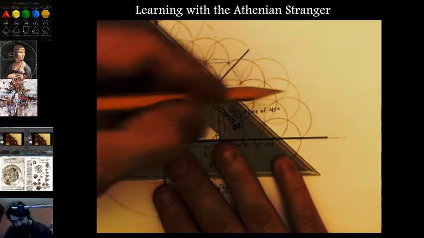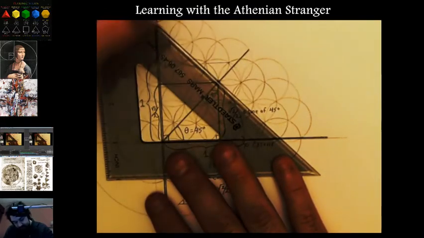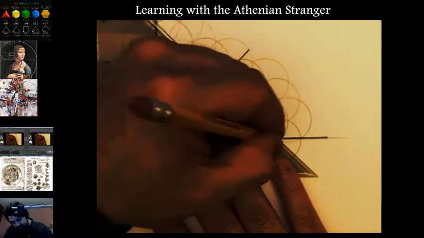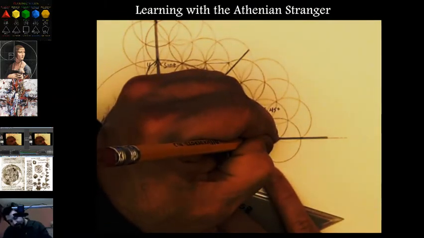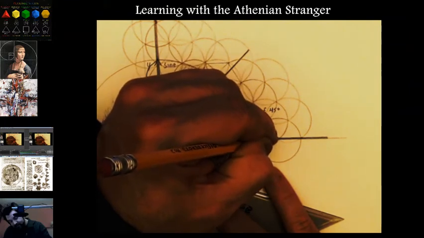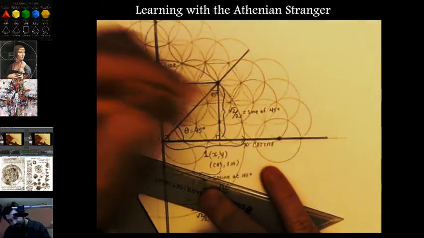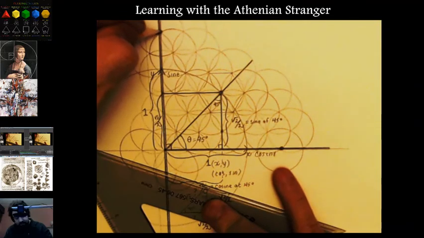And then similarly down here, and we're showing, if I use this straight edge down here, this point here. So this vesica right here, the bottom crosses the x-axis. That forms a point that is going to help me draw a perfect tangent line to my unit circle.